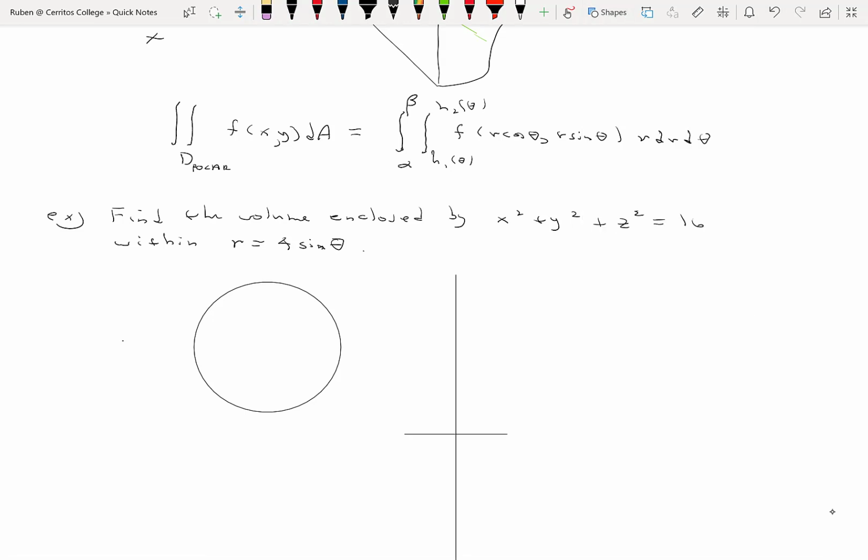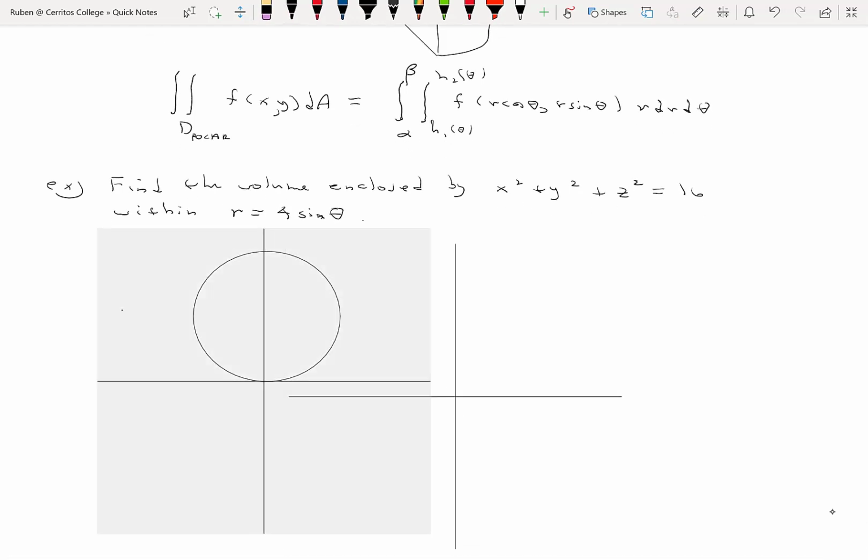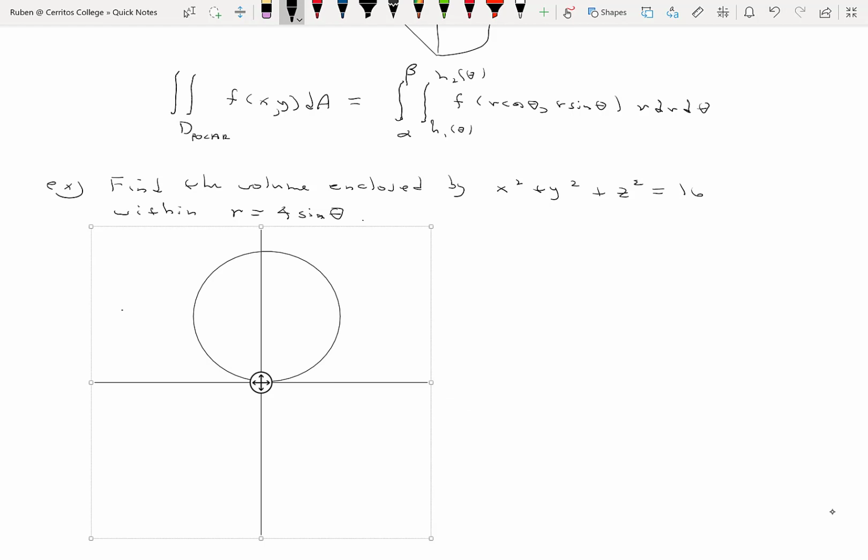That circle is now centered along the y-axis, and it looks about like this. It's a circle of radius 2 centered actually at (0, 2). Okay, that's not important to know.